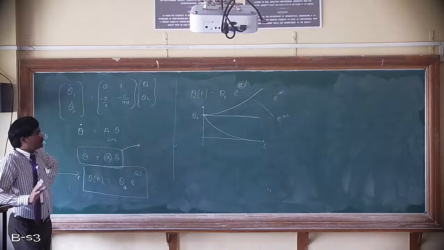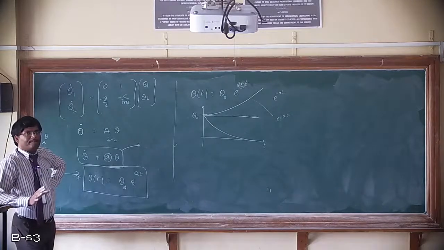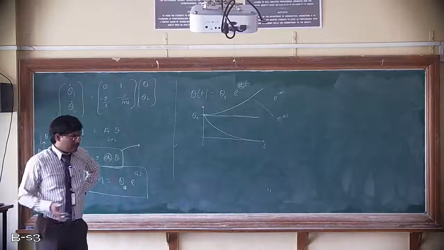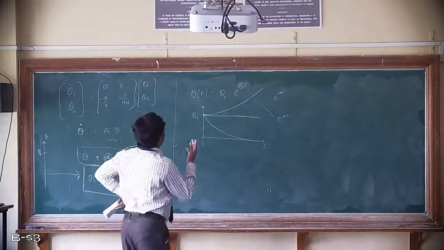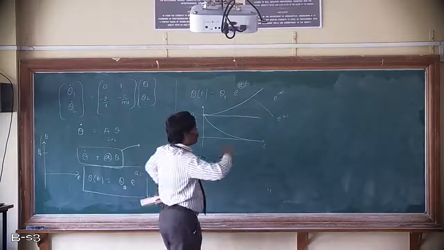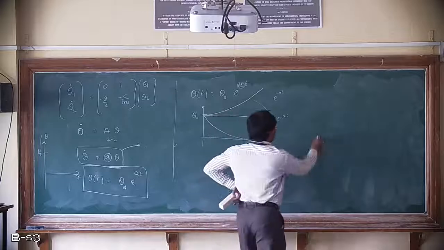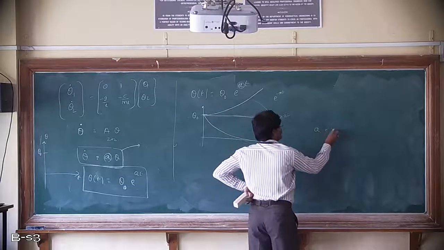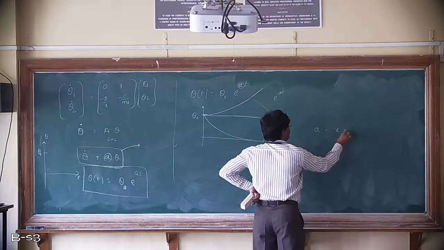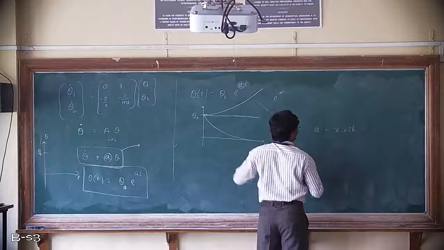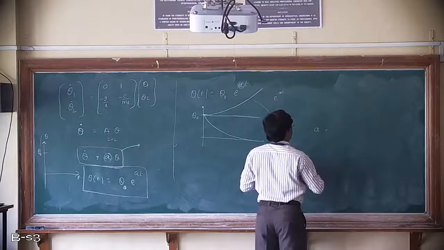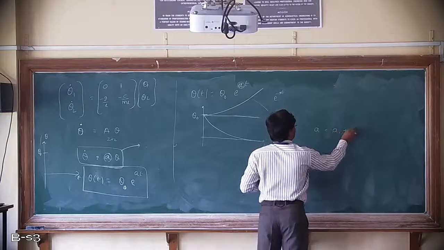Is it clear, everyone? For example, if the value of A is some complex number, A is some x plus or minus ib, sorry, take it, A is nothing but A1 plus or minus ib1.